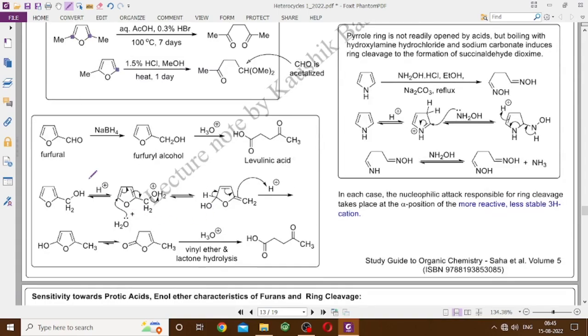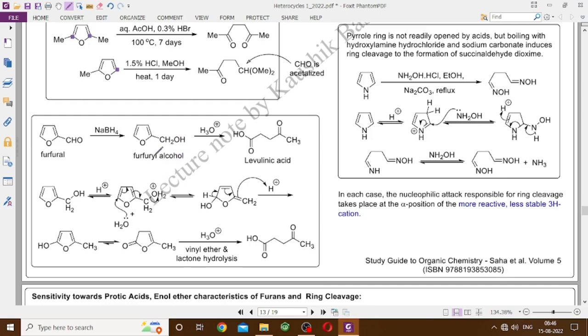Another important reaction is that of furfural, that is the 2-formylfuran. When furfural is reduced with sodium borohydride, this being an aldehyde group as well as a vinylogous ester, generally esters are not reduced by sodium borohydride, but this being the half aldehyde, it will undergo smooth reduction to give you furfuryl alcohol.